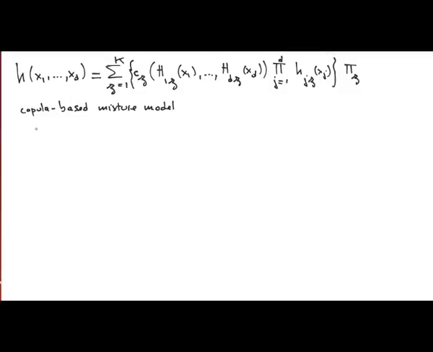Now, what are the limitations of this model? Suppose you want to build a parametric model out of this equation. What you have to do is to make choices for the parametric families.